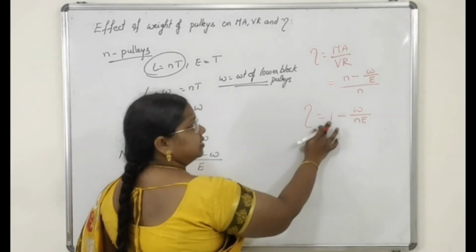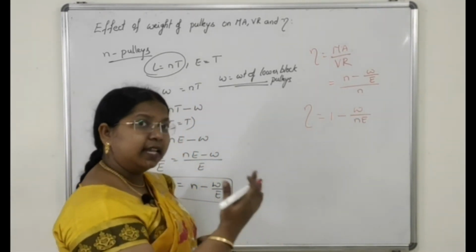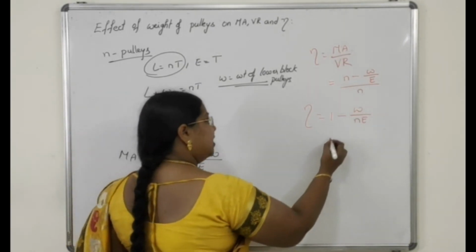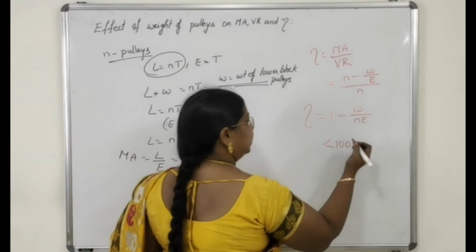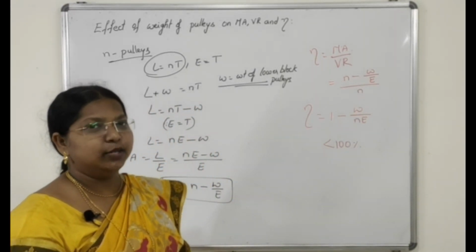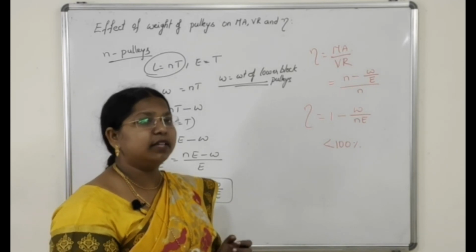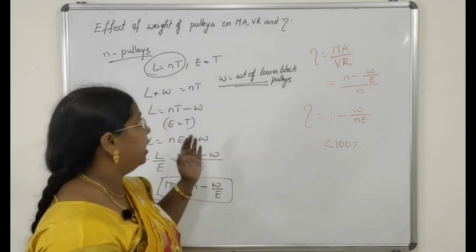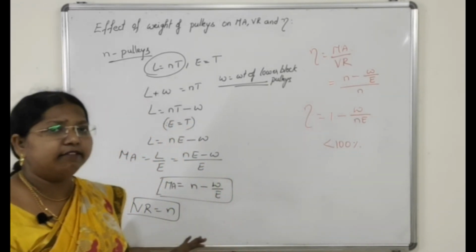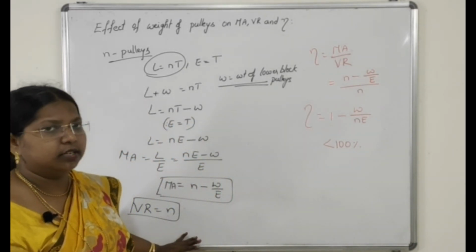Always 1 minus something, less than the ideal value. So it will always be less than 100% because of the weight of the pulley in the lower block. This is how the weight of the pulley will affect your MA and efficiency. VR will not be affected, no change.